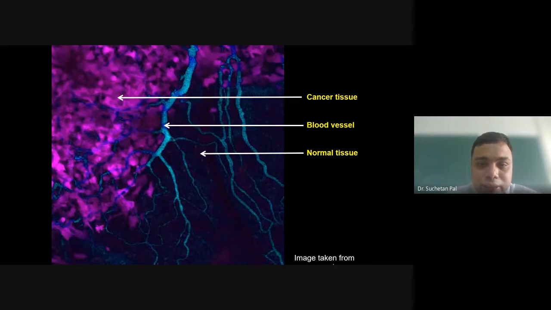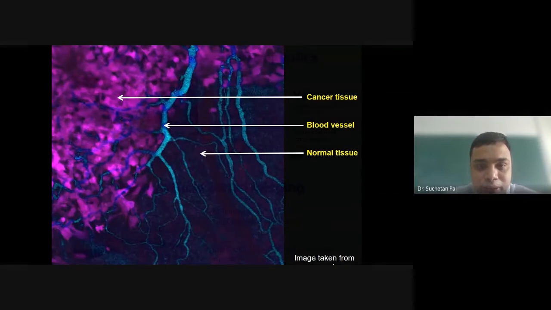Okay, so these are blood vessels, again labeled by some fluorophore, but you can see that your normal tissue does not have any contrast. This is black, and this is purple. So you can actually differentiate between cancer tissue and normal tissue, right? This is one of the advantages of this nanomaterial.